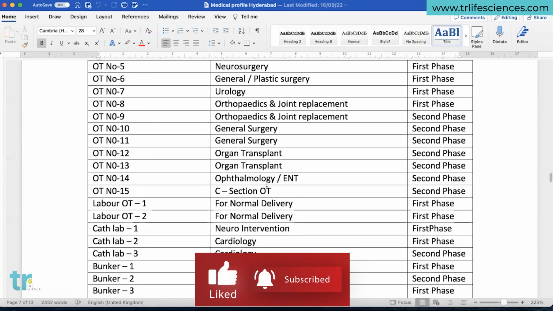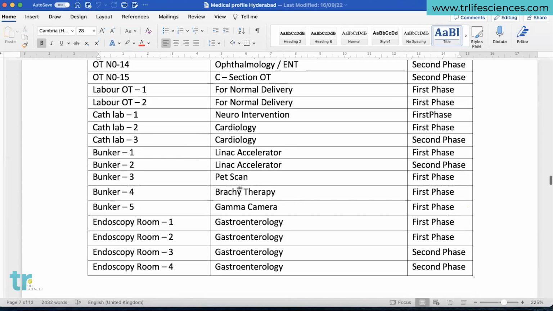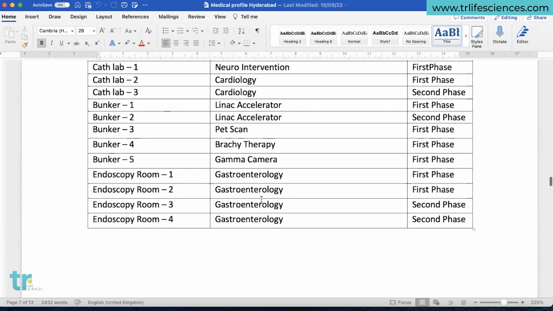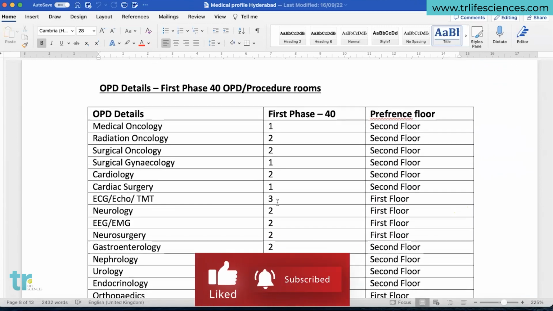Then the C-section OT, labor rooms, and the total number of cath labs: one cath lab dedicated for neurointervention and two for cardiology. Then the linear accelerator with 2 bunkers, 1 bunker for PET scan, brachy, gamma camera, and gastroenterology suites. So all these OT and procedural departments are being proposed.